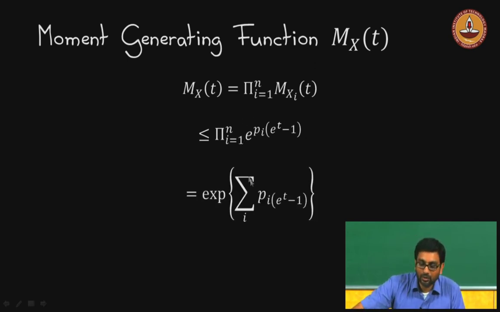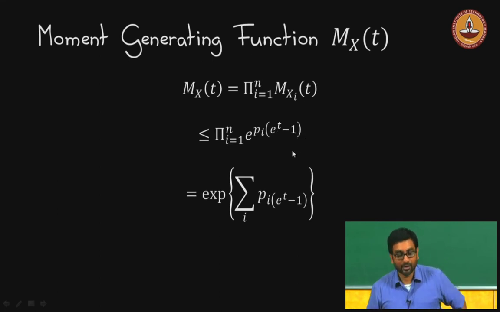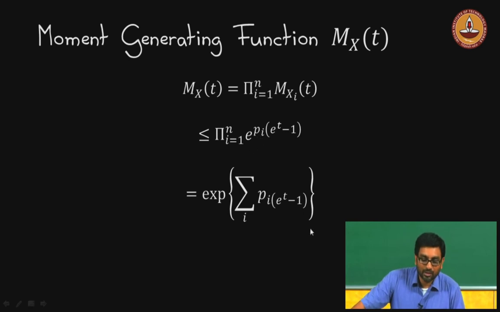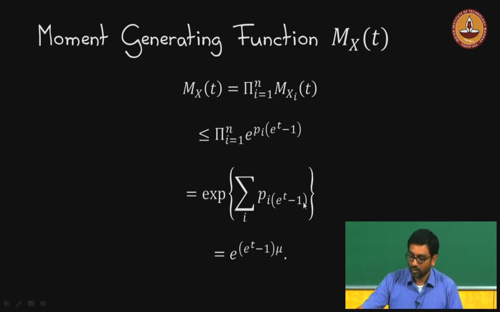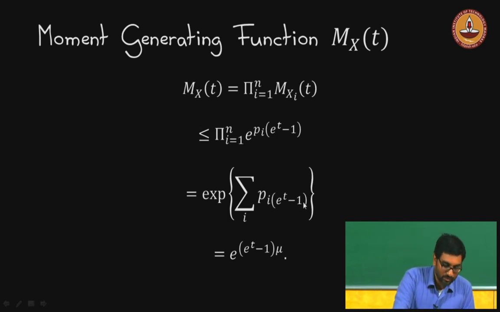And so, now you have the product of several exponentials, which means this product of the exponentials is just e to the sum of the exponents. And what is that? This e to the t minus 1, I think this needs to be slightly clarified. It looks like this e to the t minus 1 is in the subscript over here.